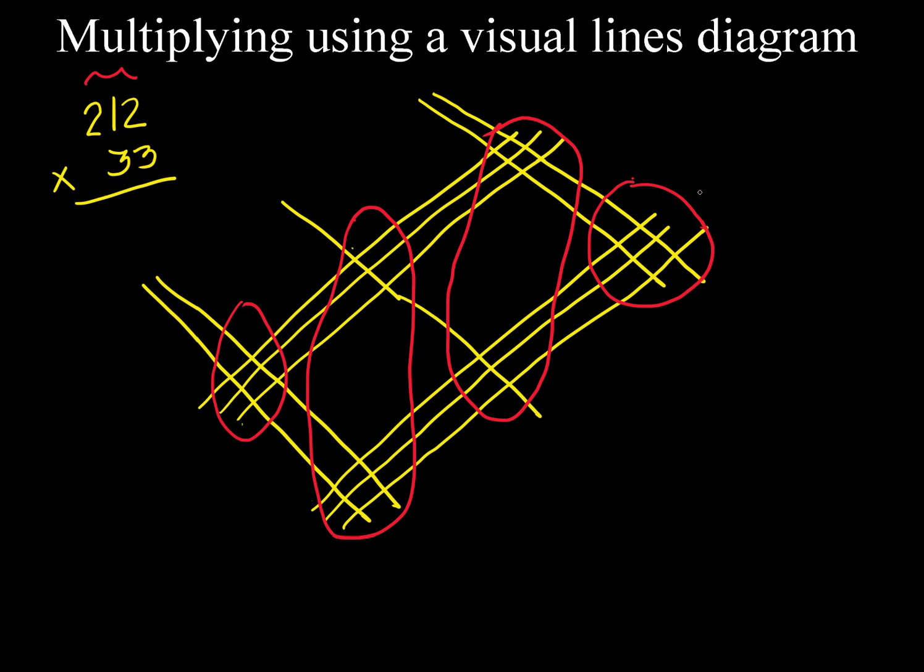So let's begin. Let's take a look at first our ones for our unit section. That will give us an intersection of 1, 2, 3, 4, 5, 6. So we now have our first number as 6.